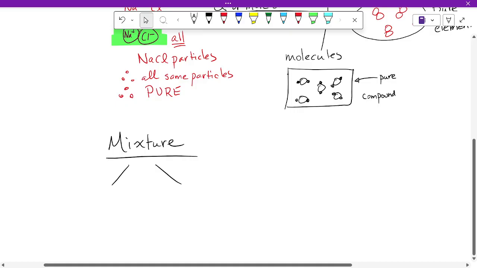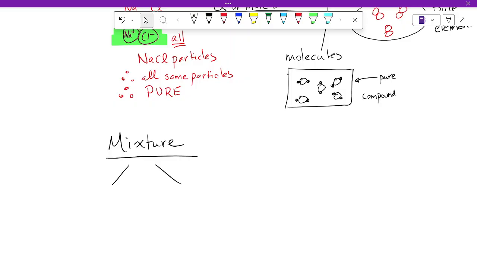What are the names of the two different types of mixtures? They both start with H. Heterogeneous.